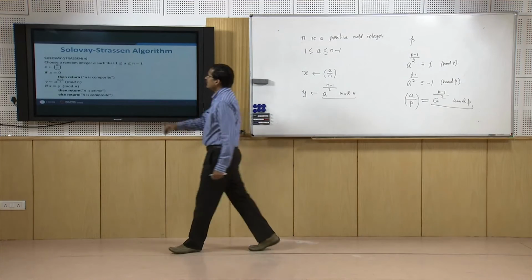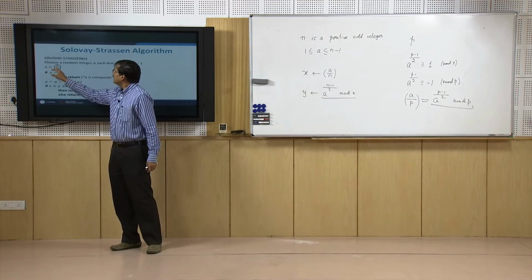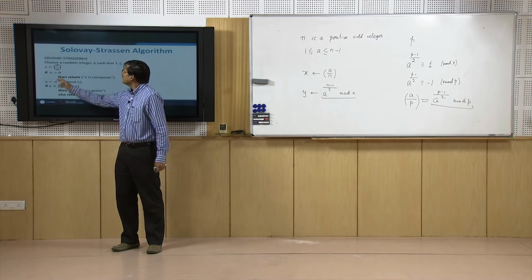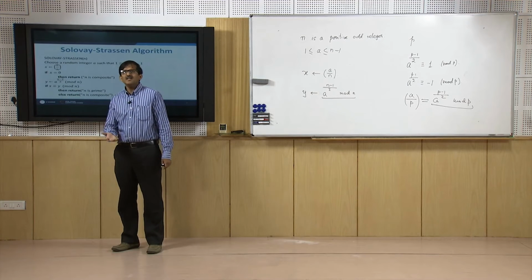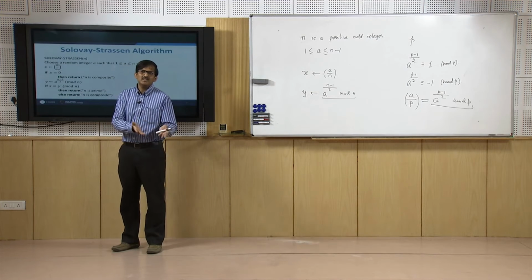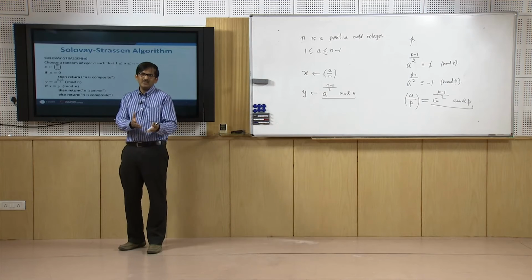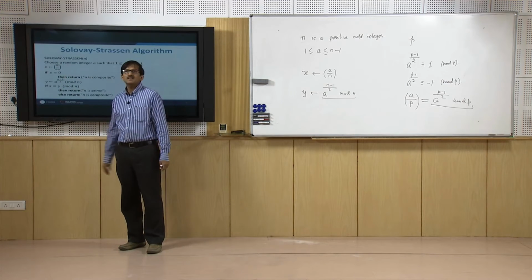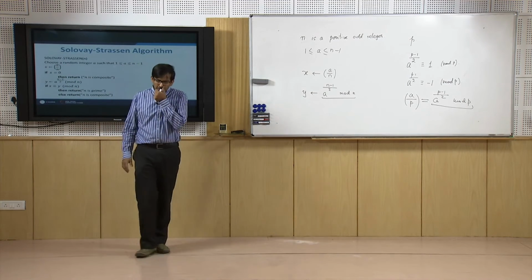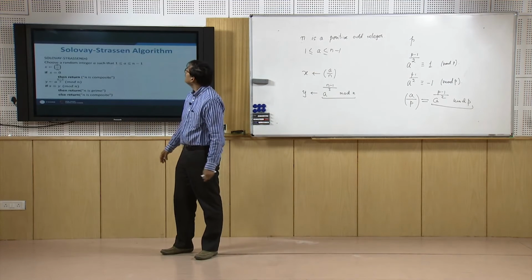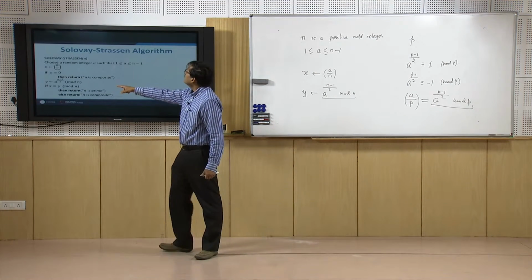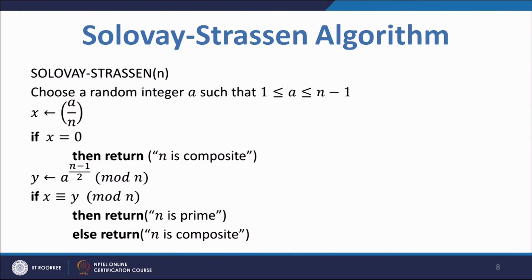So, here when I am calculating the Jacobi symbol, if n is already a prime, it will be same as just one Legendre symbol corresponding to that prime. I am going to get some x and it is not going to be 0, and then we are calculating this, which is essentially Euler's criterion, and we are checking whether they match.